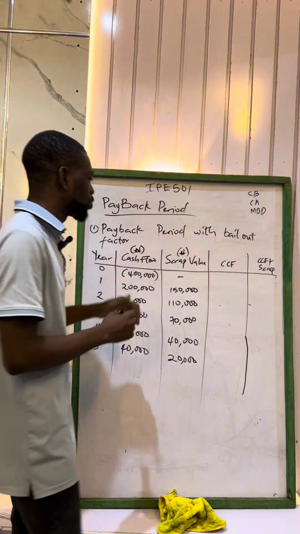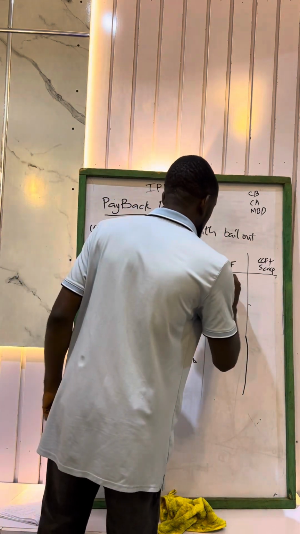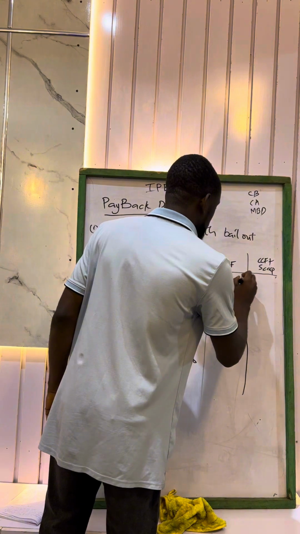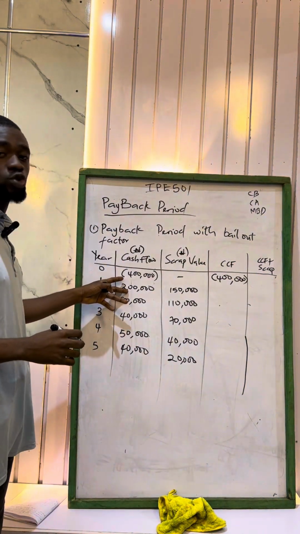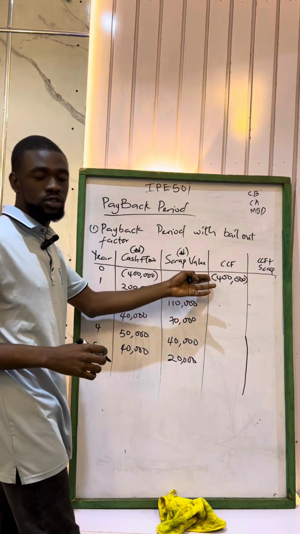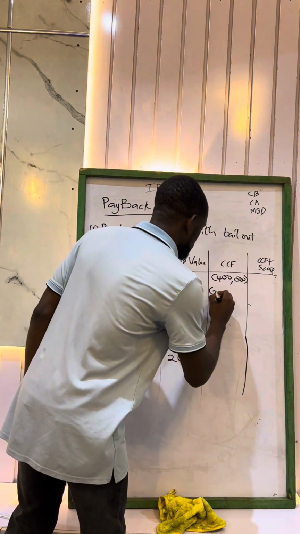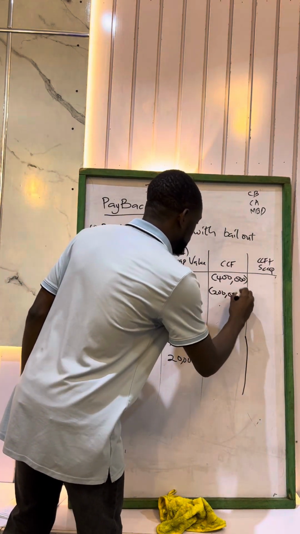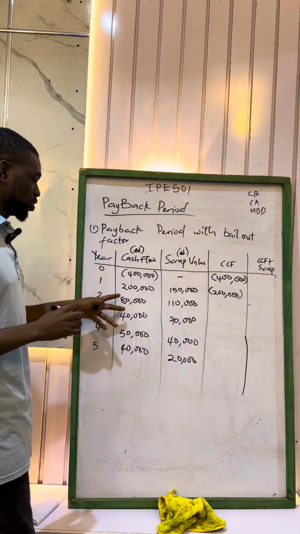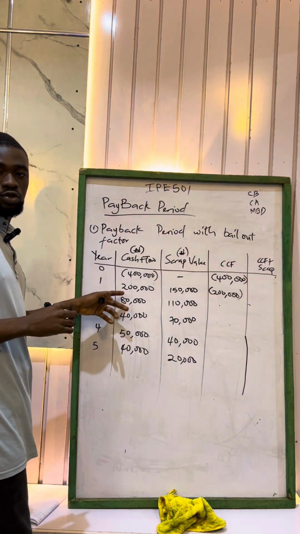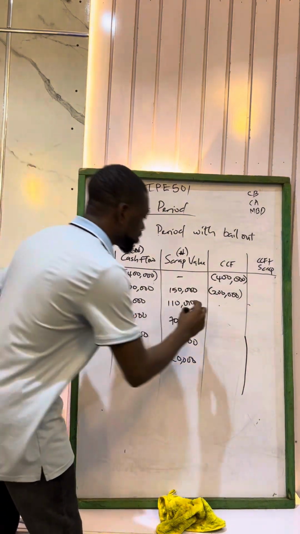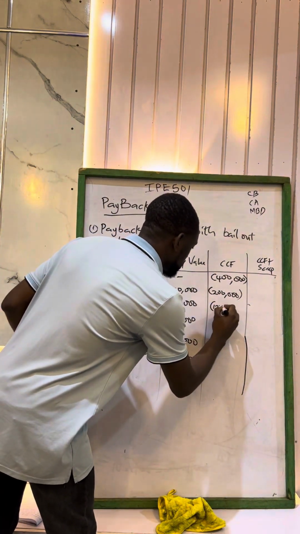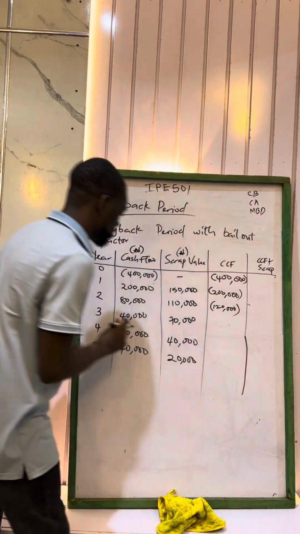So for this, year one, you've not made anything, you are still in a loss of 400,000. After the first year, you gain 200,000. You're going to be in a deficit of 200,000 this way. You made another profit of 80,000 after the second year. You've not gotten your capital back. You're still going to be in a deficit of 120,000.